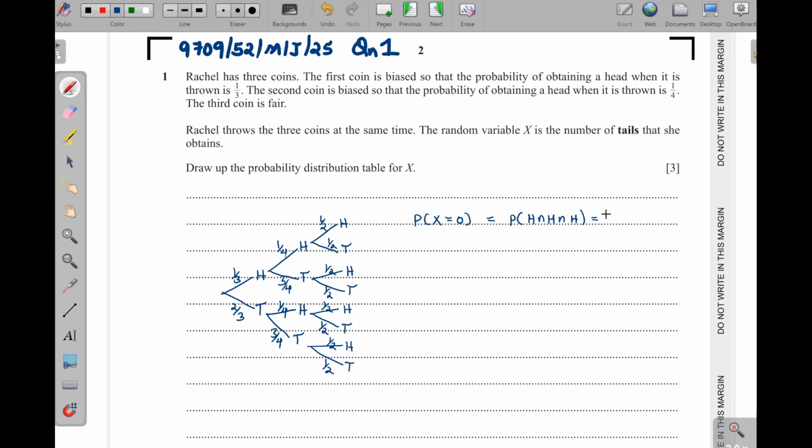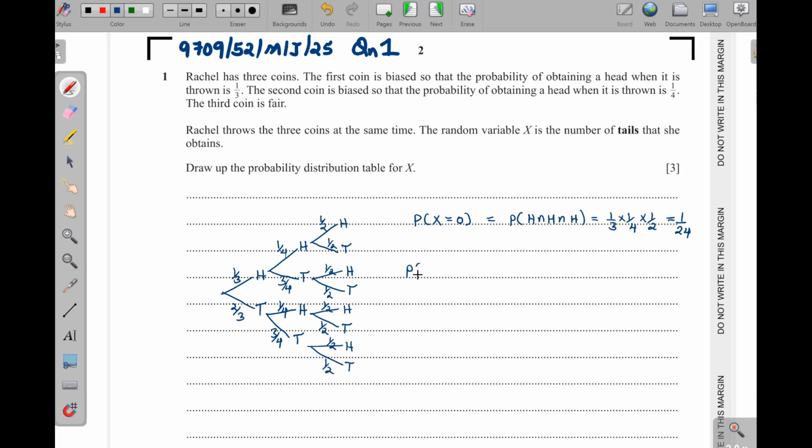The option is here. So we have a third, then times a quarter, then times a half. 3 times 4, 12, times 2, 24. So this one will give us 1 out of 24.